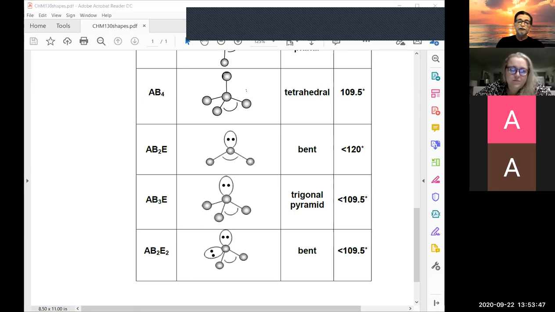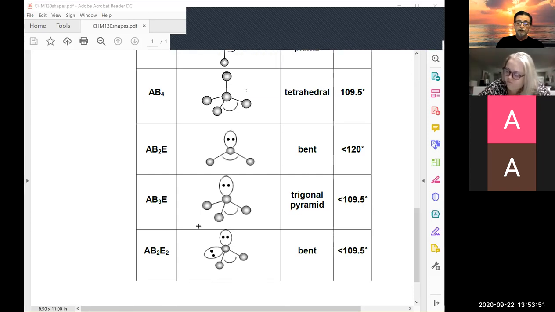And let me highlight that. If we look at this formula here, we see the central atom is right here. That's the central atom. And that is represented by A. It has 2 atoms bonded to the central atom, which are represented here and here.